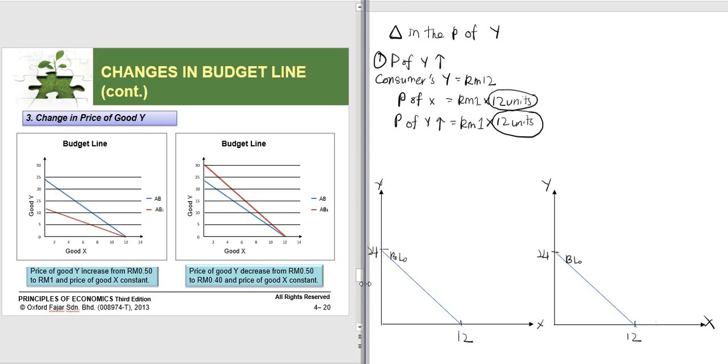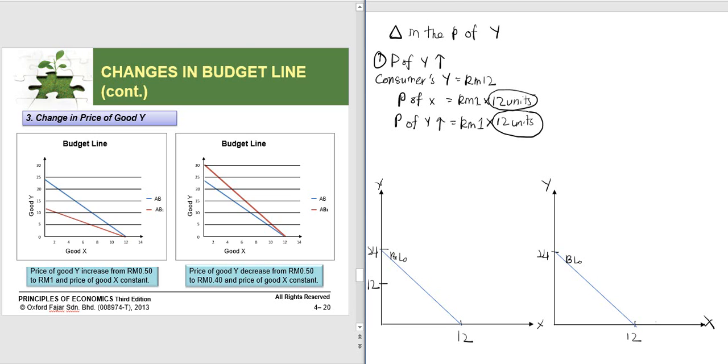Okay, since we assume that the price of X doesn't change, your budget line will only shift on the Y axis. So I have drawn the initial budget line here, BL0. Now what you have to do is draw a new budget line when the quantity of Y is only 12 units. Now the price of Y increases, so the number of Y that the consumer can buy will reduce from 24 to 12 units.